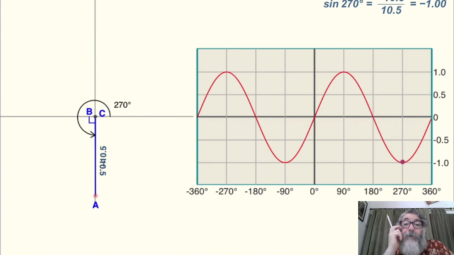So at 0 sine was 0. At 90 sine value was 1. At 180 the value of sine was 0, and then again it started decreasing. It is below the x-axis, so it is going in the negative direction.